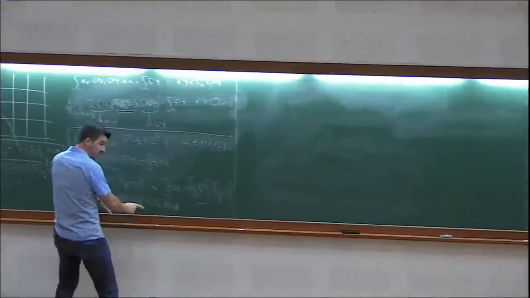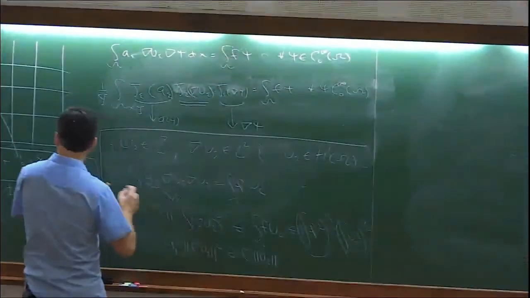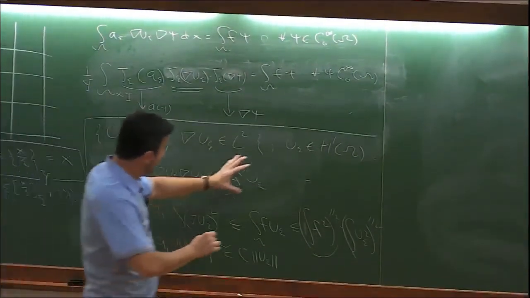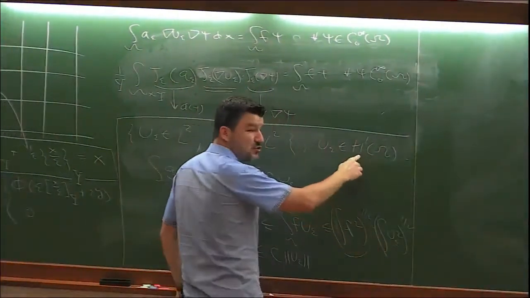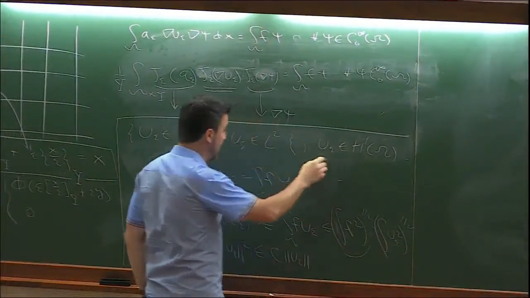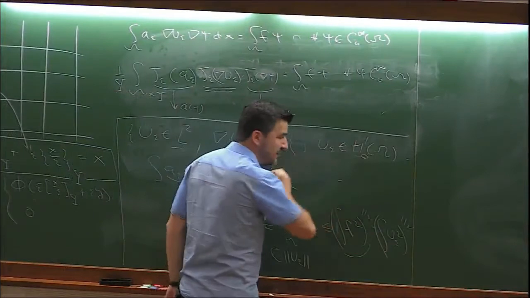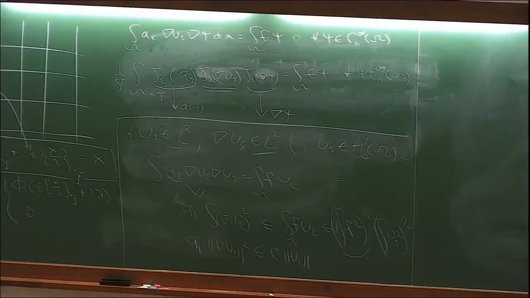And this trick says what? If I have a function in this space, and again my function is in H1 because it has a derivative in L2, but it has some other property: it's zero on the boundary. This is how we differentiate between functions in H1 with some arbitrary boundary value and functions in H1 which are zero on the boundary. So we put a zero there.